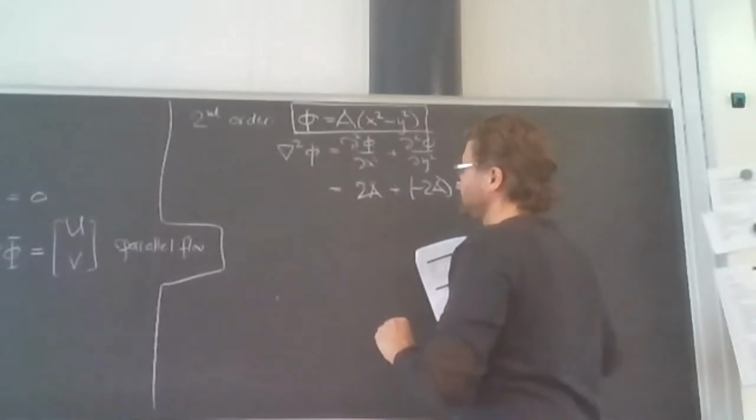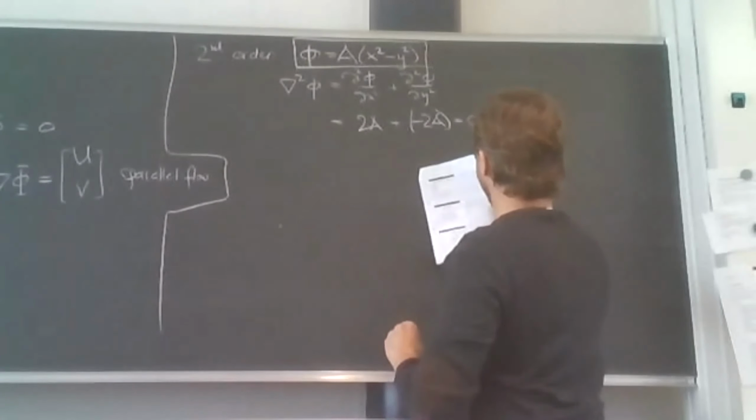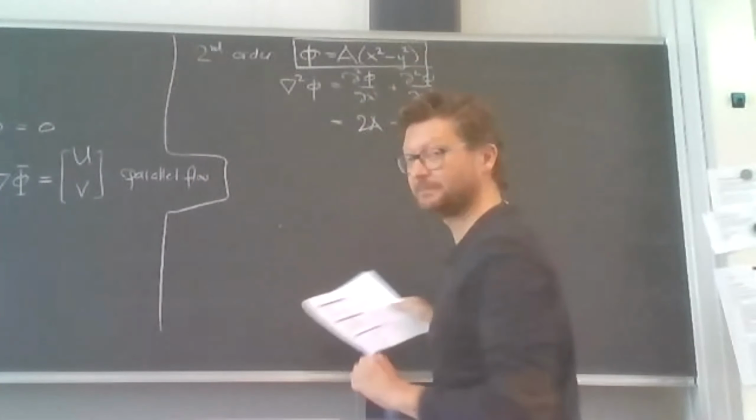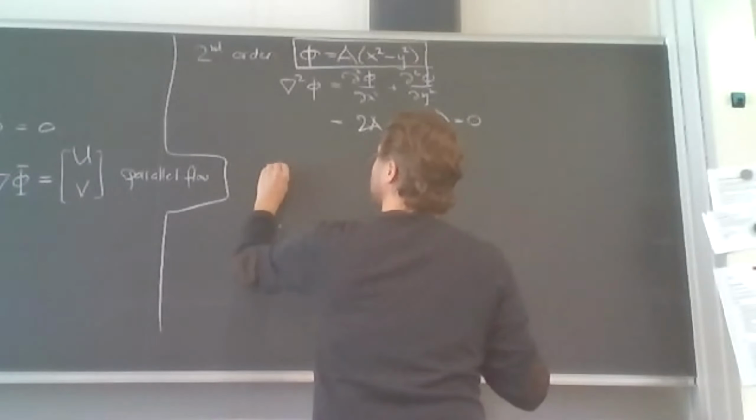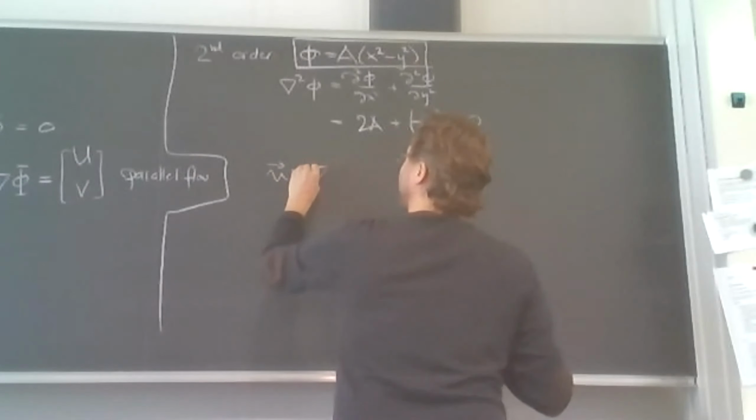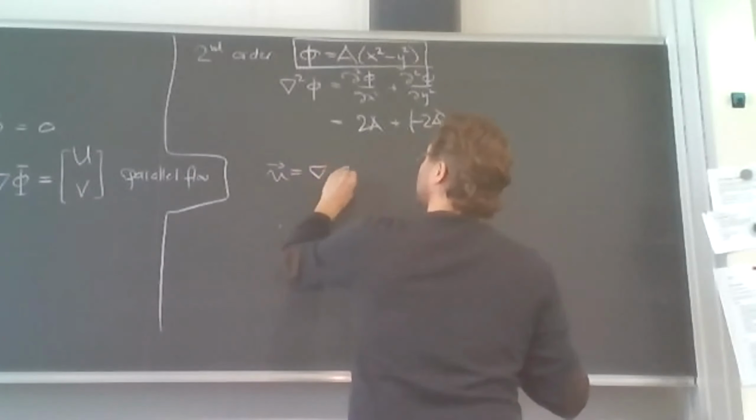And we can compute the velocities coming out of that. So what are the velocities? U is equal to gradient of phi.